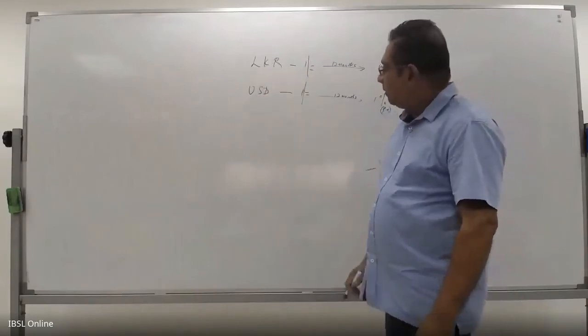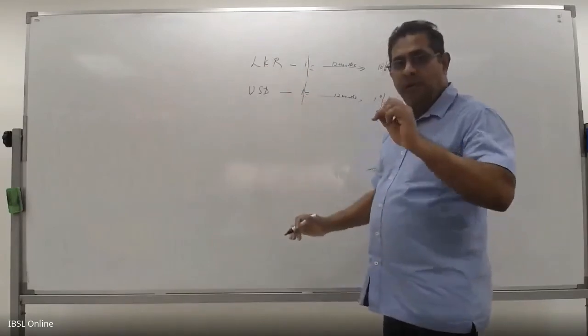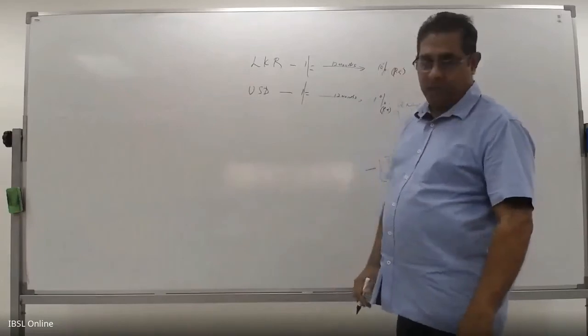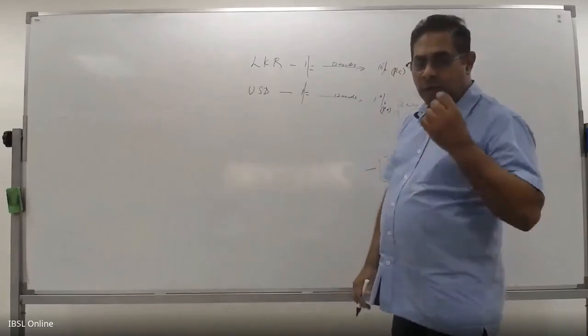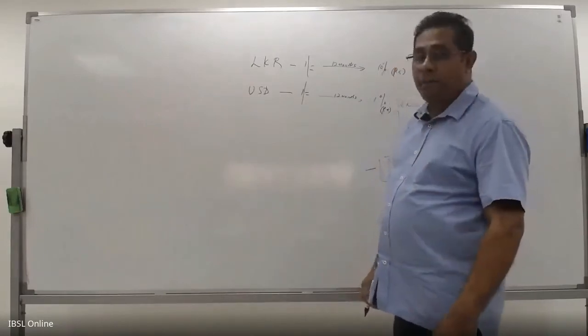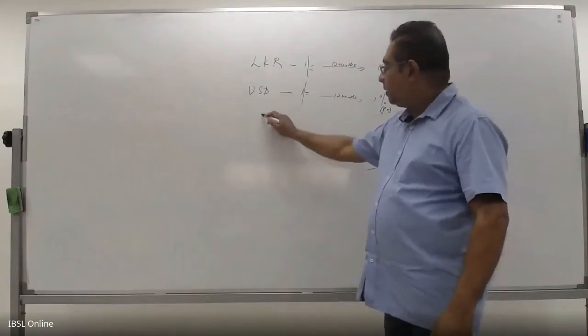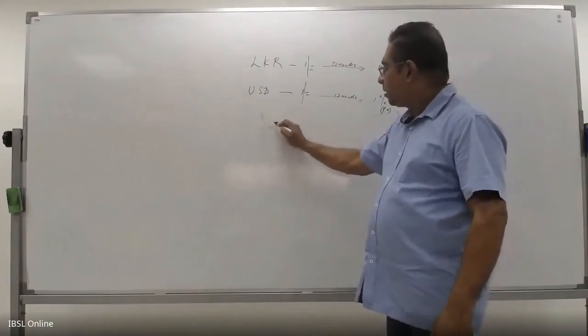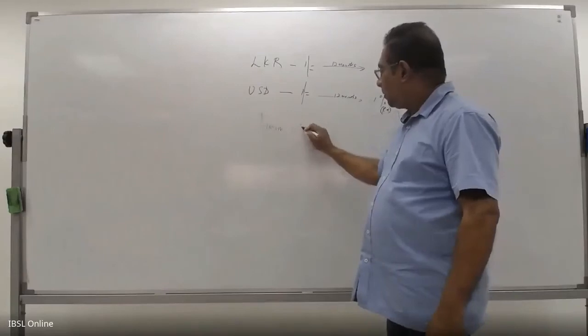Or you can say LKR is at a higher discount than USD. That's a good way of explaining what premium and discount is.